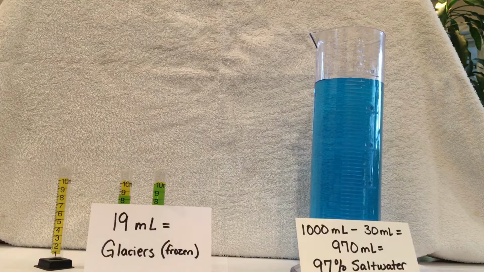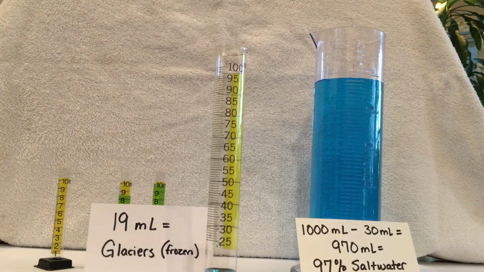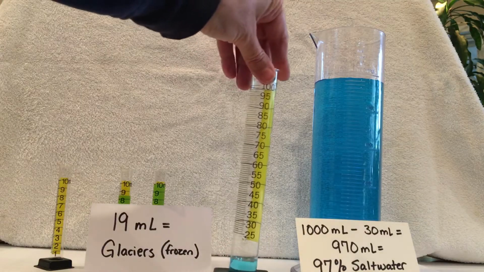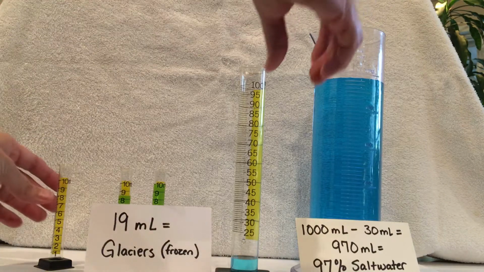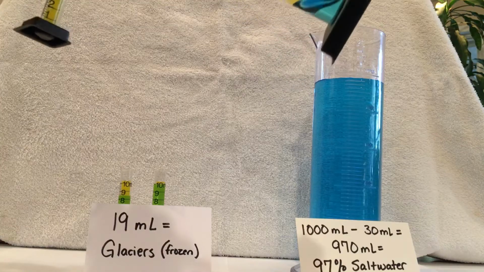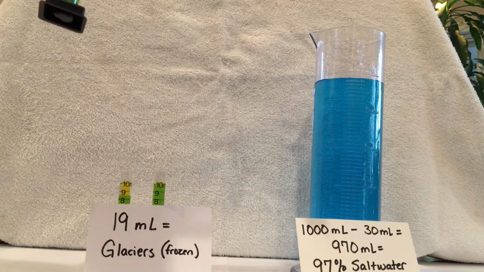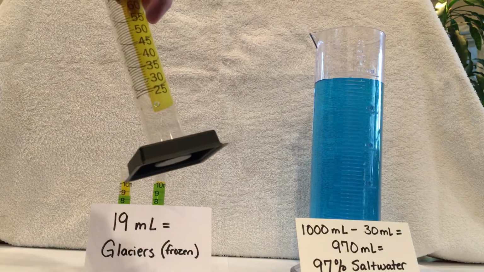So that leaves us with this much of our available water. But we have to further divide that down. And we have to take 9 more milliliters. Oh, put 10 in there by accident.